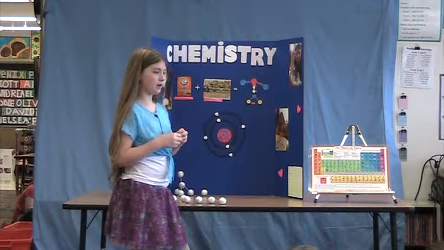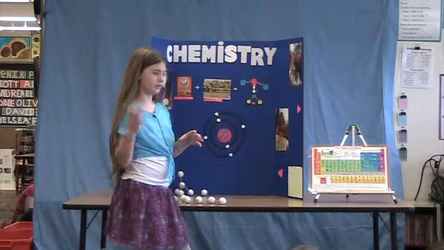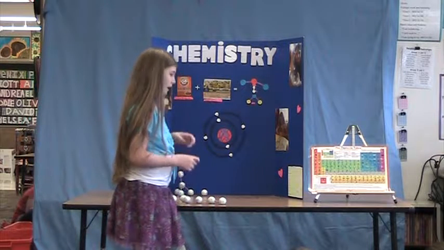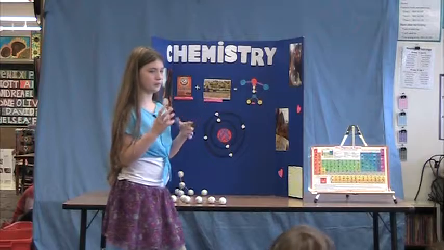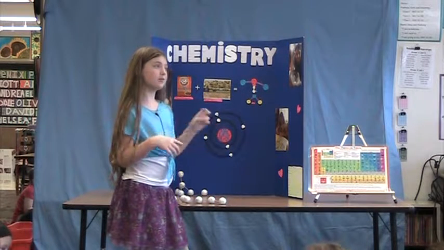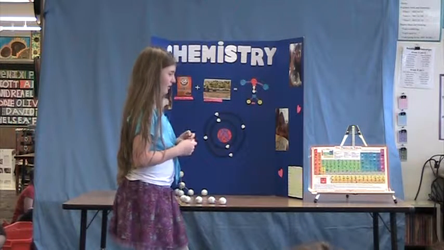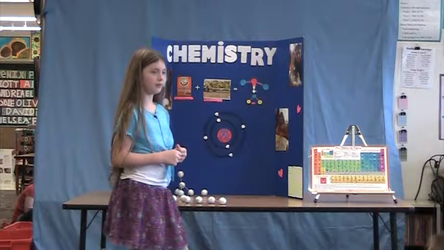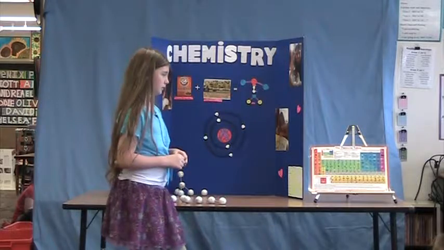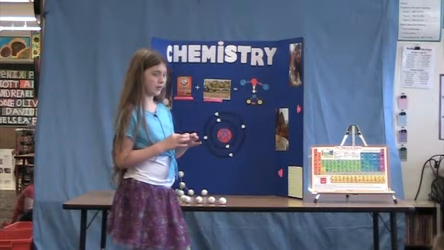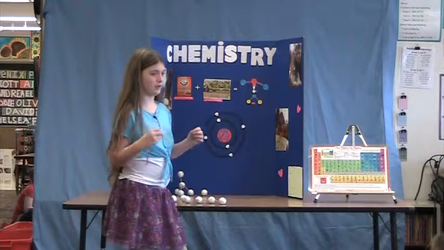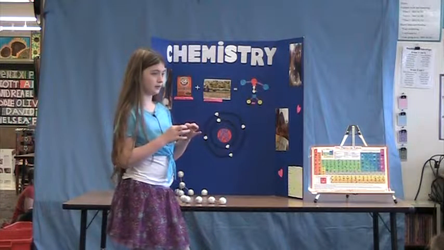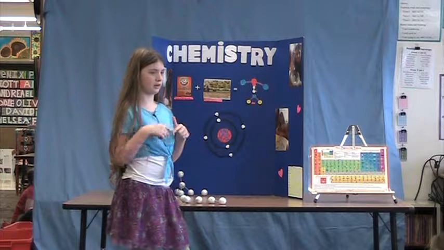Precipitation is when a solid form takes place in the liquid form. Some of the ways that atoms can bond together are ionic bonding and shared electron bonding. Ionic bonding is when the two atoms come together, but one atom takes all of the electrons. Shared electron bonding is when the two atoms come together, but they share the electrons evenly.